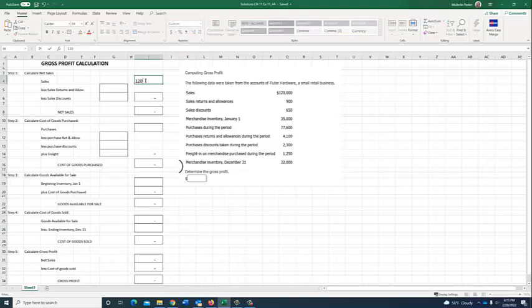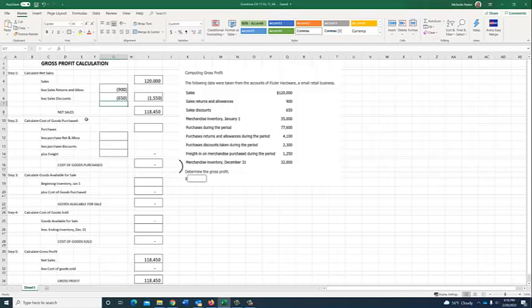So I'm going to put in $120,000 in sales. I'm going to put in the sales returns and the sales discounts. So our net sales is $118,450. That's sales minus sales returns minus sales discounts, a total deduction from sales of $1,550 to give us $118,450.